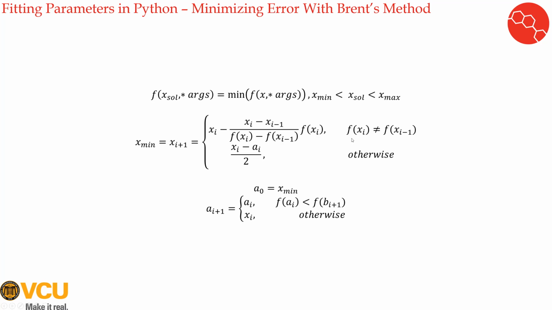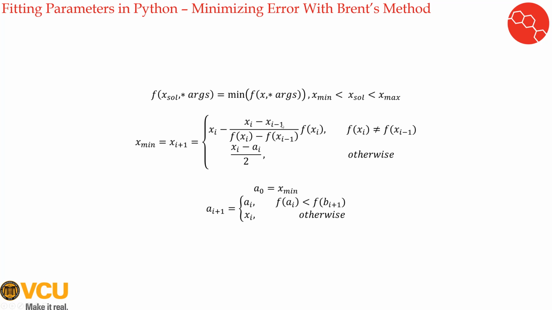And if the function value at xi and the previous iteration value are extremely close, this quantity is going to go very quickly to infinity. So in this case, Brent's method will choose to use the bisection new guess, which again is computationally slower, but extremely robust and doesn't suffer those issues. It'll use that as its new value rather than the secant method.